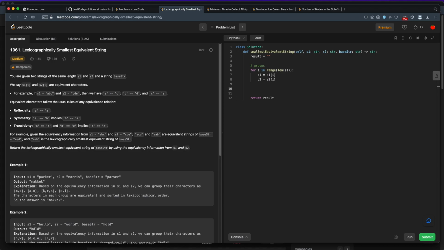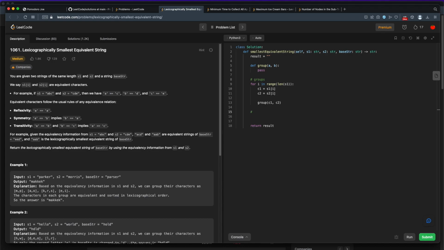We'll just have some function like add to group, or I'll just call it group. So we will group these C1 and C2 together. We don't have this function yet, so let's put a placeholder up here. So def group, we'll take in character A and character B, and we'll put them into some kind of group structure.